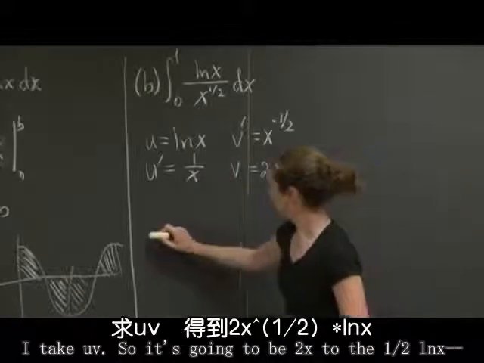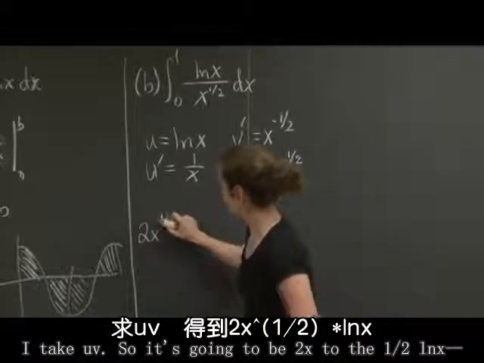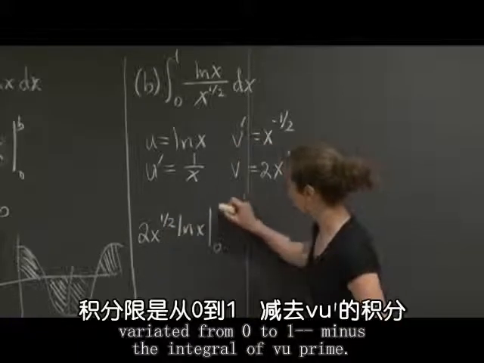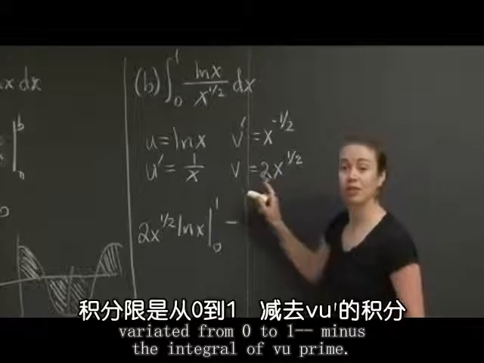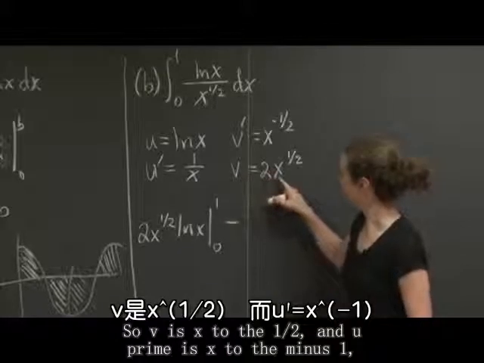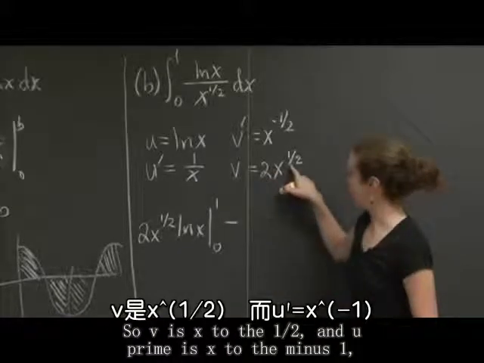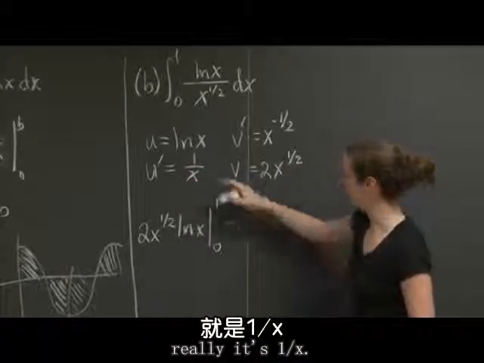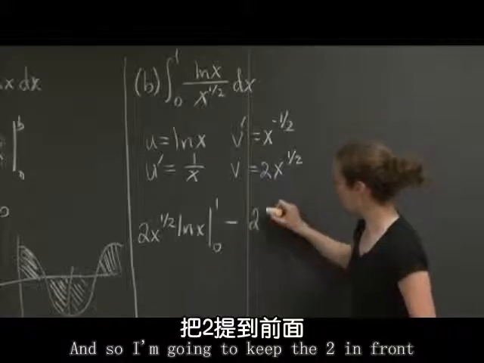So now what do I get when I want to take the integral? I take uv, so it's going to be 2 x to the 1/2 ln x, and then I'm going to put in the bounds, evaluated from 0 to 1, minus the integral of v u prime. So v is x to the 1/2, and u prime is x to the minus 1, really. It's 1 over x. And I'm going to keep the 2 in front.